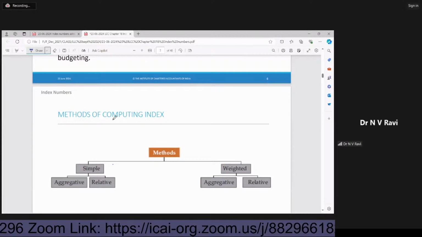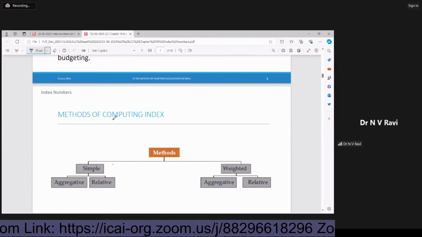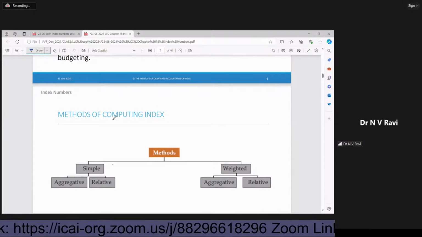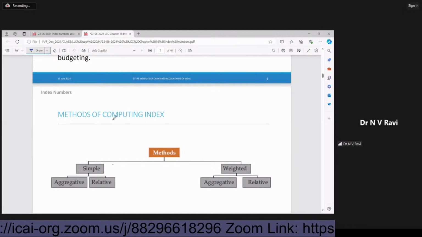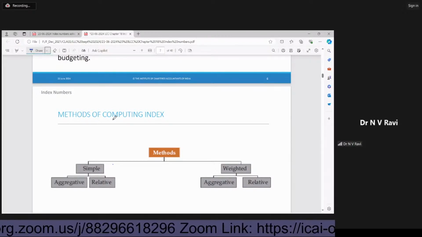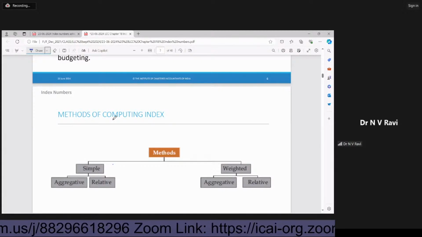Next, time reversal test: P01 into P10 equals 1, and factor reversal test: P01 into Q01 equals V01, and the circular test is an extension of the time reversal test. This test is satisfied only by the geometric mean of price relatives and weighted aggregates.